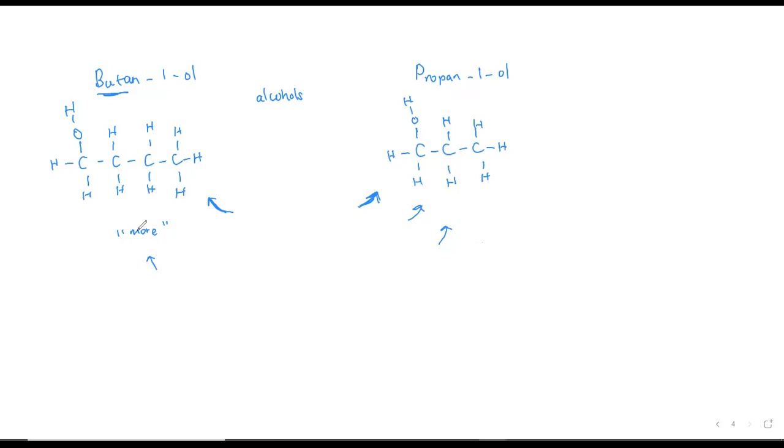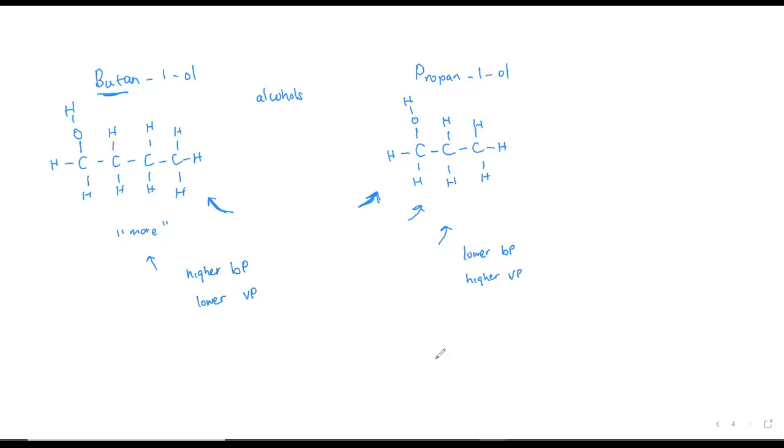And because butan-1-ol has a longer carbon chain than propan-1-ol, it would have a higher boiling point than propan-1-ol. So if you have a higher boiling point, you have a lower vapor pressure. Since propan-1-ol has a lower boiling point compared to butan-1-ol, it would have a higher vapor pressure.